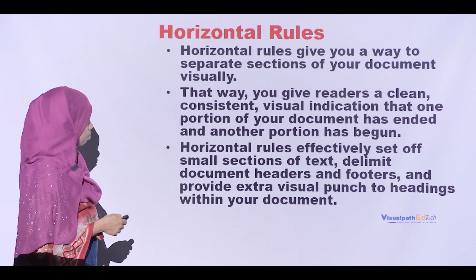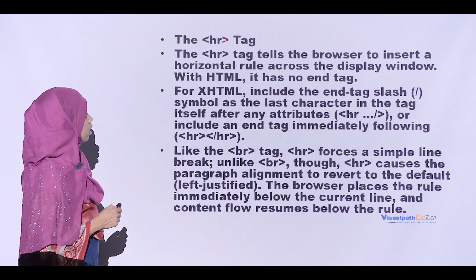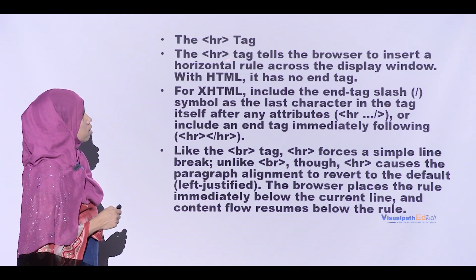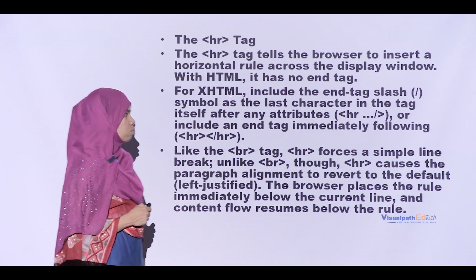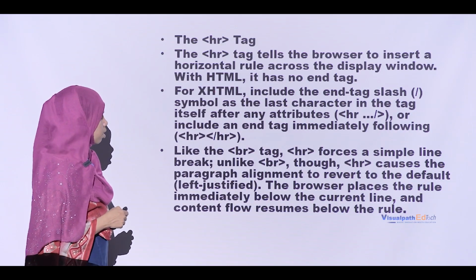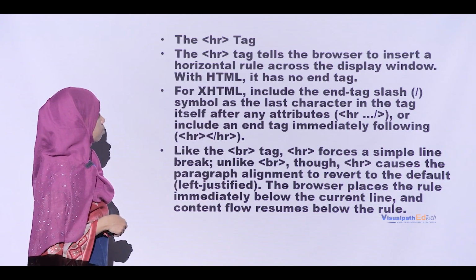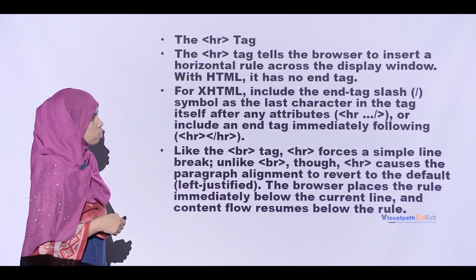I will be showing you here. For that, we are going to use a tag called the HR tag. This is an unpaired tag where we don't have any closing tag for it. It's defined simply as HR. Like the BR tag, the HR tag is also without a closing tag.